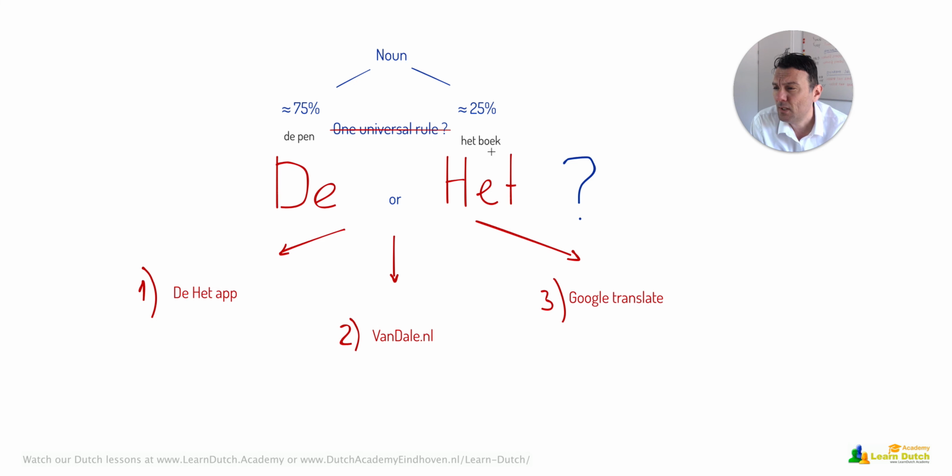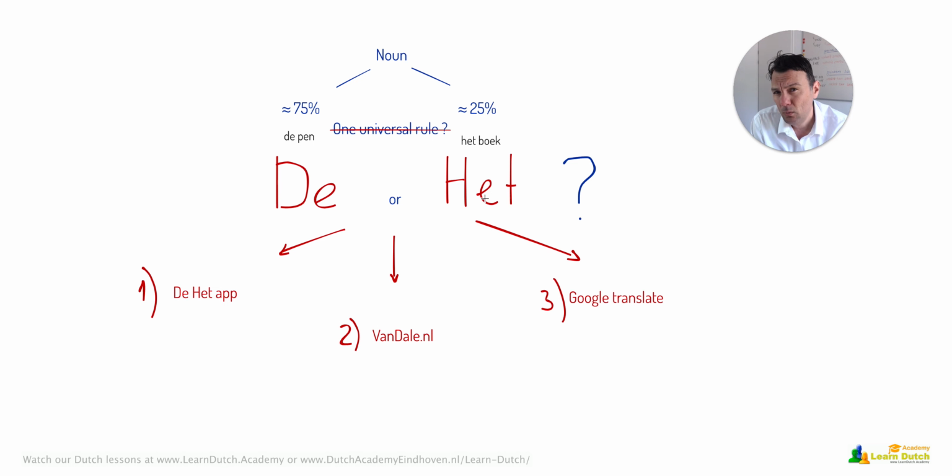So you would say, Philip, is there one rule which you can use just to find out, is it "de pen" or is it "het book"? Unfortunately, we don't have one universal rule which I can give you to find out if it is a "de" or "het" word.